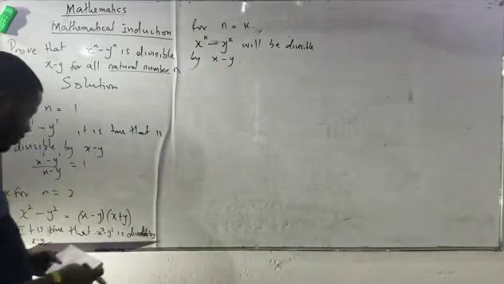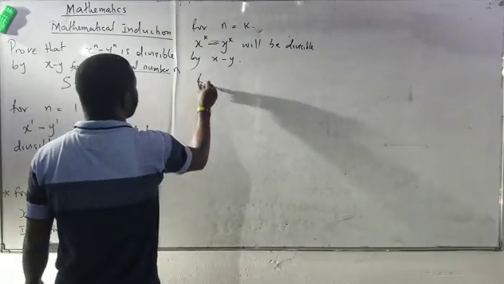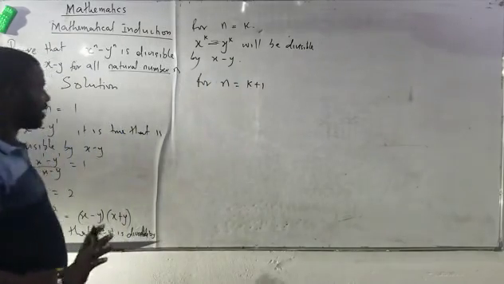Now, I will move on to the next one. Assume for n equals k plus 1. That is when the work begins.